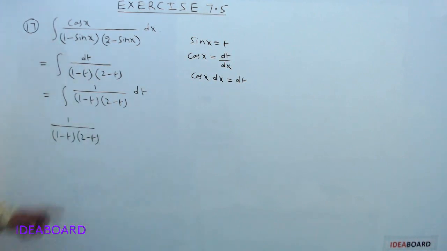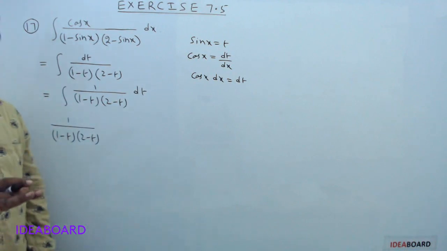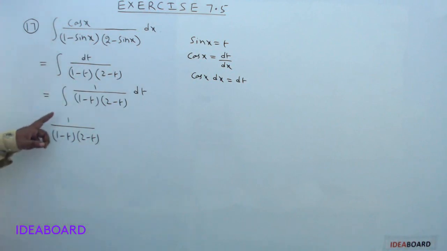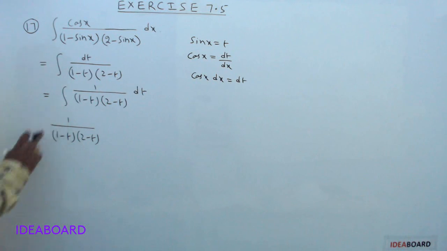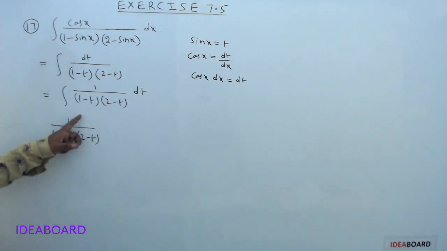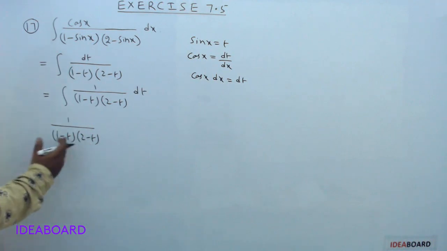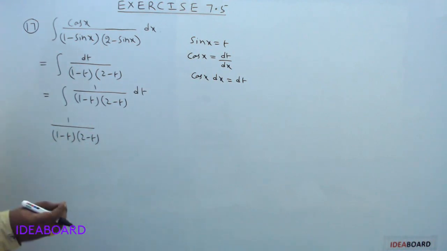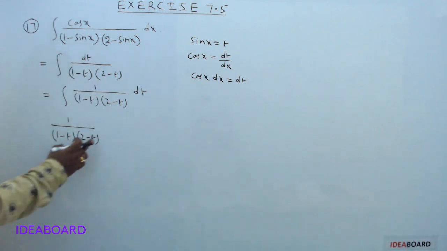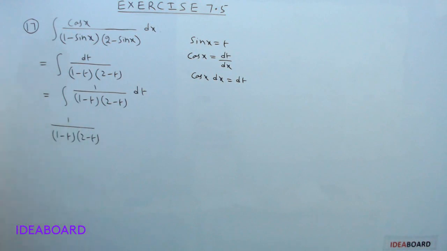Now verify whether this fraction belongs to type 1 partial fractions or not. Now here degree of numerator is 0 because 1 can be taken as t power 0. So degree of numerator is 0. By multiplying these two factors, you are getting a second degree expression in terms of t. So degree of denominator will be 2. Degree of numerator 0, degree of denominator is 2.